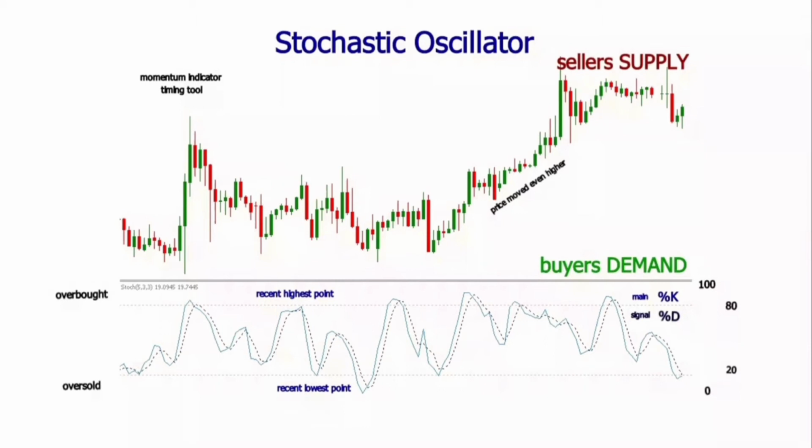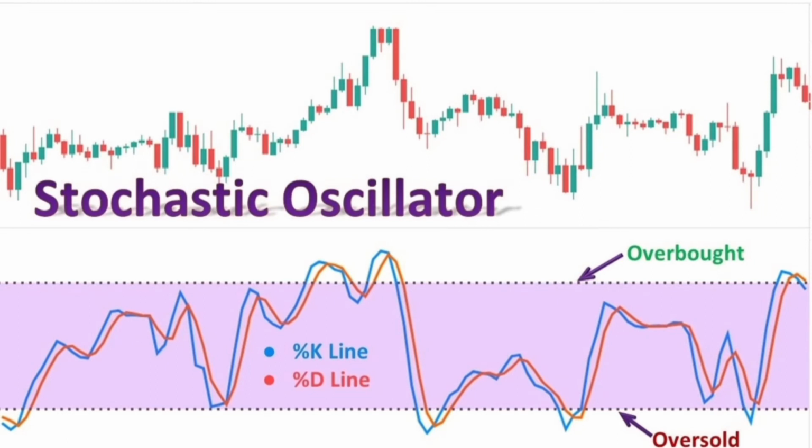The indicator then calculates the percentage of the price range that the closing price falls within. The calculation results in a number between 0 and 100, which is used to determine whether the asset is overbought or oversold. The stochastic indicator is made up of two lines, the K% line and the D% line.